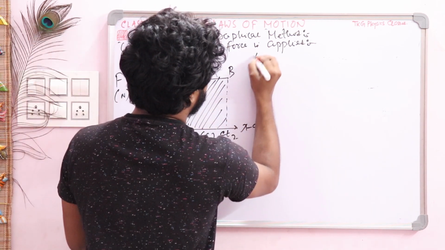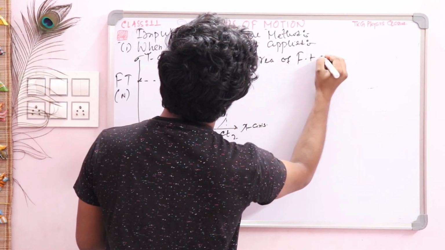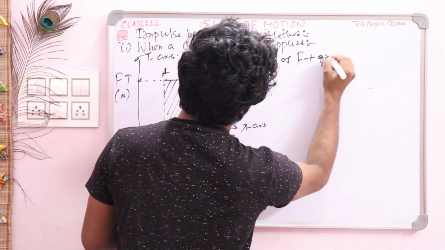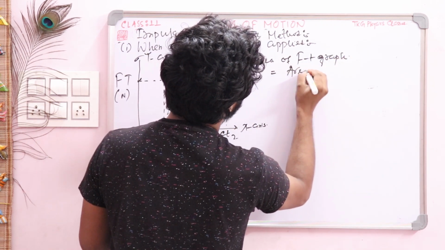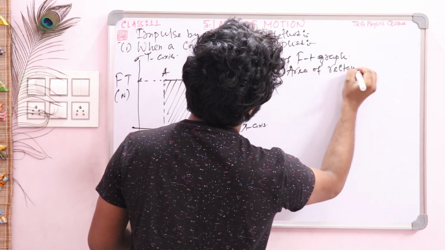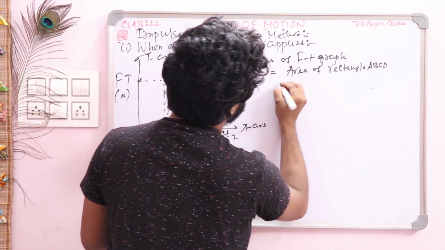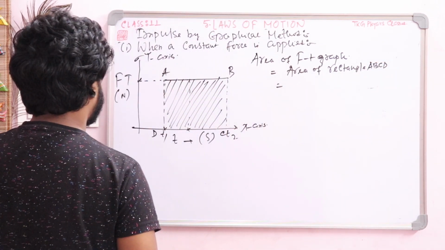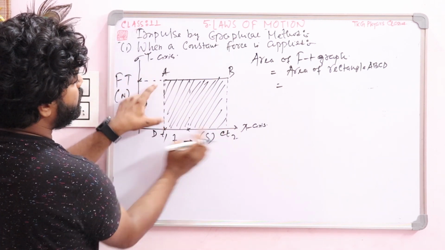Now write down the area of the F-t graph. Now find the area of the F-t graph, that means the area of rectangle ABCD. Now you know the formula, rectangle area is length into breadth.